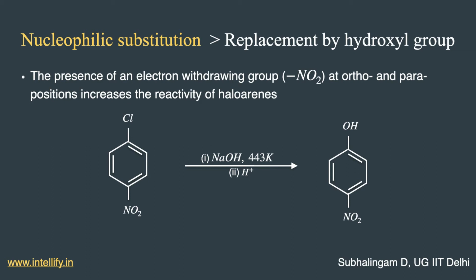Notice that we have an electron withdrawing group, that is NO2 at para position, and from 623 Kelvin and 300 atm before, we just need 443 Kelvin this time. So when we have a para substitution with an electron withdrawing group like NO2 here, and with NaOH at 443 Kelvin followed by acidification, we get para-nitrophenol. Now what happens if we increase this NO2, like we have another NO2 group at ortho position.